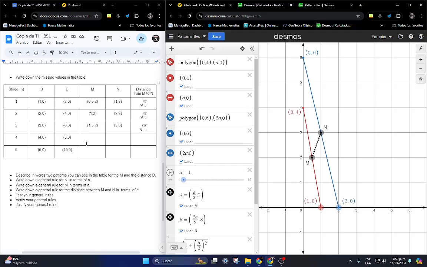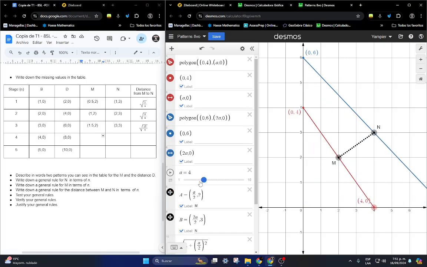We can do it in many ways, but let's do it just by looking at the points in each stage. So here you see B is changing like this. So remember this point, which is this one, and now we have the midpoints M and N. So what is the midpoint in the fourth stage?